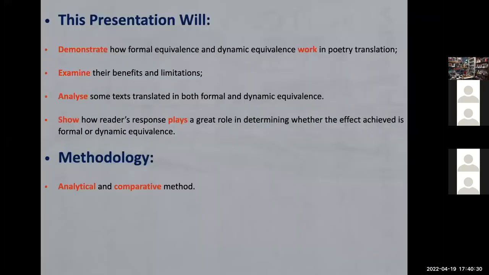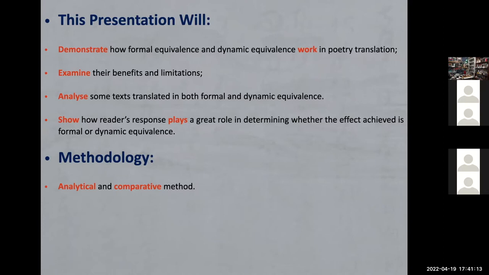Okay. So we'll try in this PPT to demonstrate how formal and dynamic equivalence work in translation, and also to examine their benefits and limitations, and analyze some texts, a Chinese poem translated in English, several versions of this poem, and also to show the reader's response and how to analyze it.